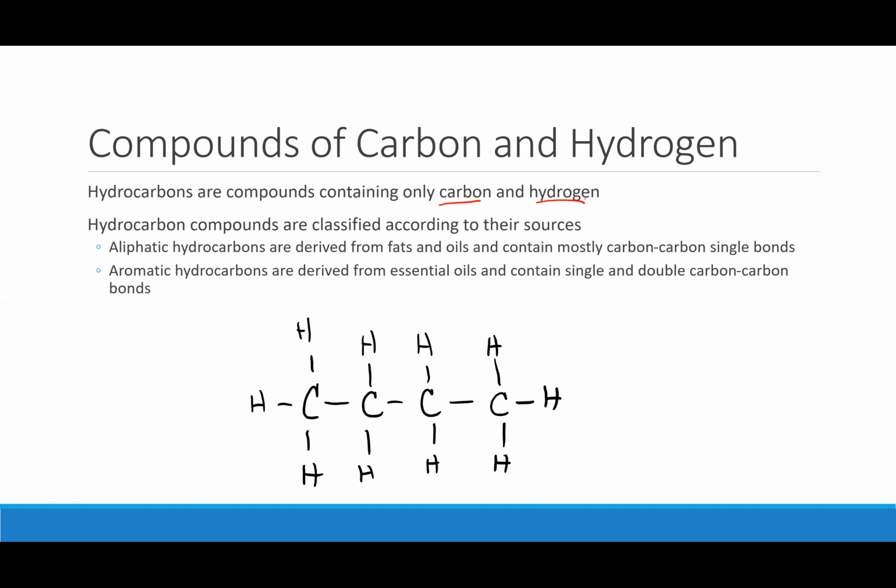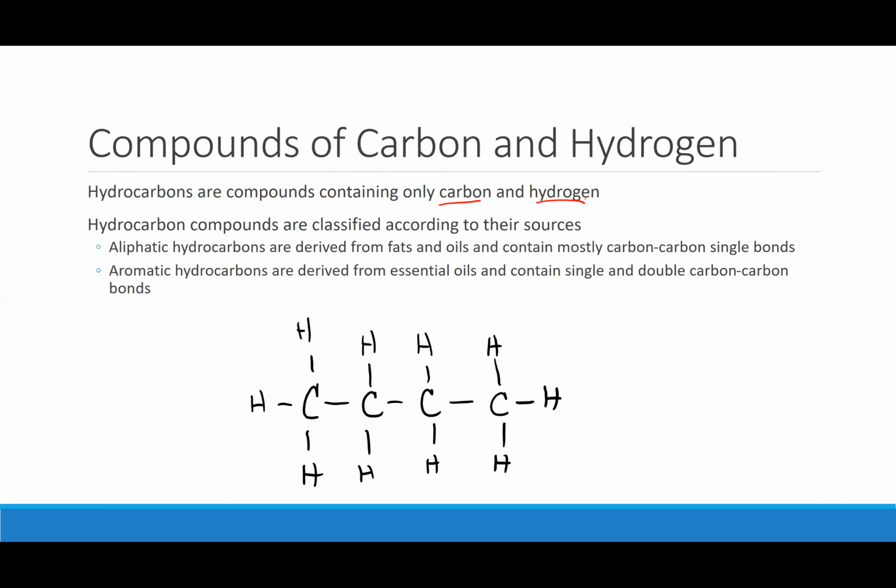So there are hydrocarbons called aliphatic, which are usually from fats and oils, and they mostly contain carbon-carbon single bonds. And aromatic hydrocarbons, which we usually see in things like essential oils, and they contain both single and double bonds.